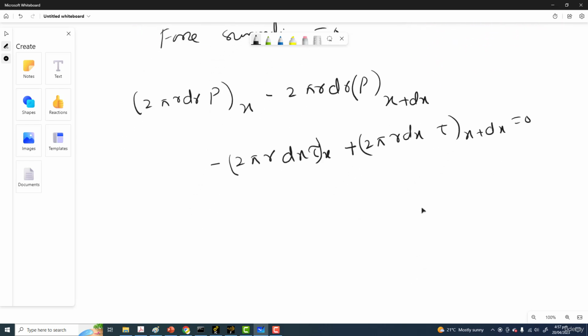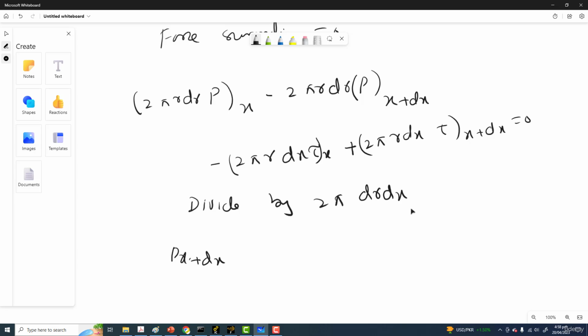Now I can divide this whole thing by 2 pi dr and dx, and also rearrange this whole thing. This is the P at x, and this is the P at x plus dx.